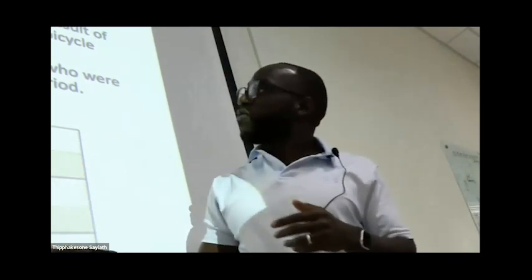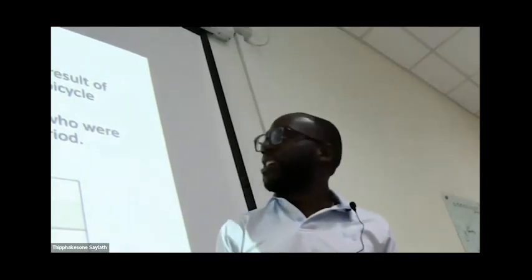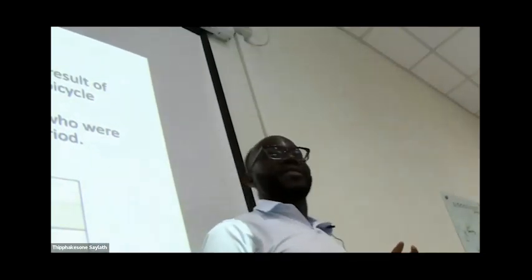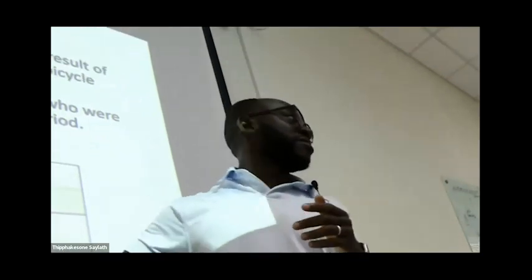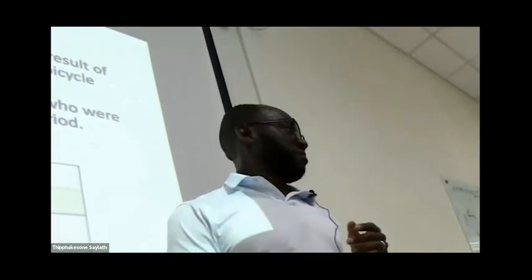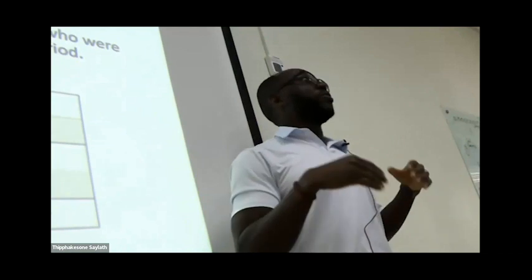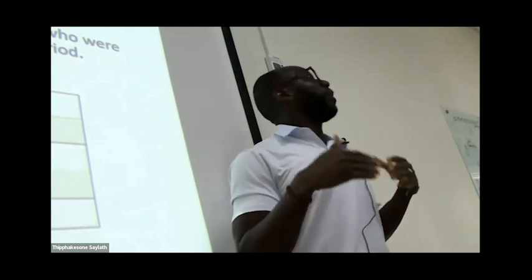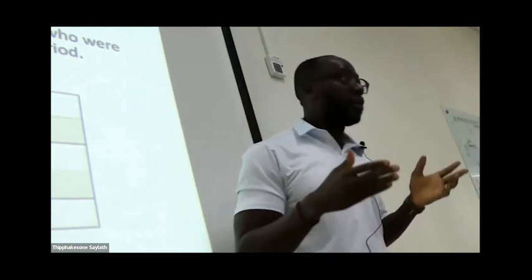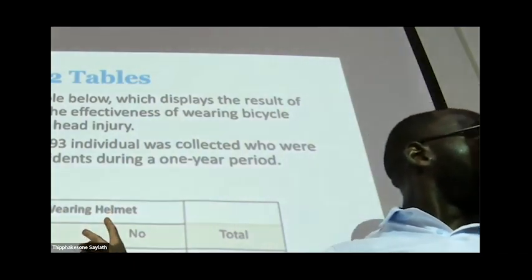So if head injuries, or if wearing helmets, had three levels, which is wearing a helmet all the time, sometimes, and never, what would this table be, you think? It would be a 3x2 or 2x3 table, right? Remember, the 2x2 means I have two categorical variables.